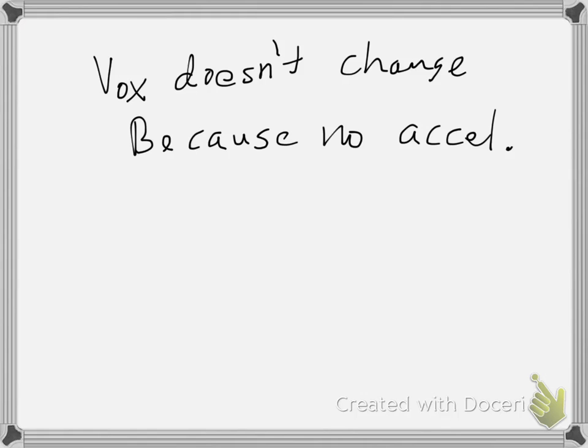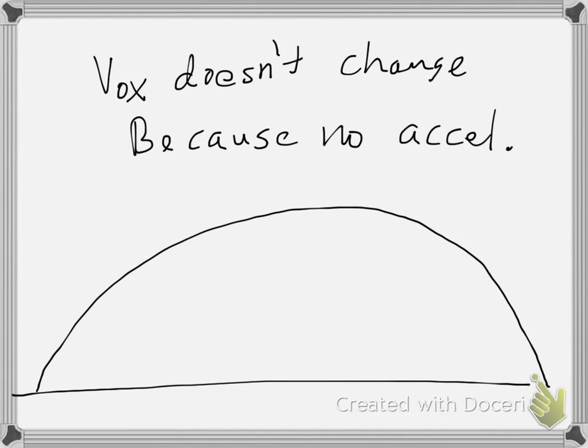So if I were to look at this, let's say I've launched something and its path looks like this, and I look at it at different times throughout the flight, and I draw arrows indicating both its velocity in the y direction and the velocity in the x direction.